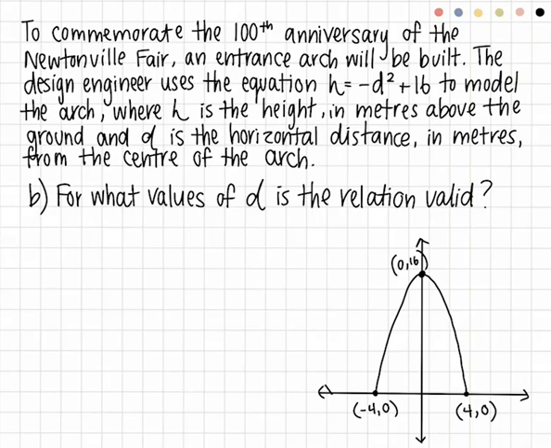The arch, I know, is actually 8 meters wide at its base, because if I try to go from -4 to 4, right? -4, -3, -2, -1, 0, 1, 2, 3, 4. So I've got 1, 2, 3, 4, 5, 6, 7, 8 points in between there. So I know it's 8 meters wide.